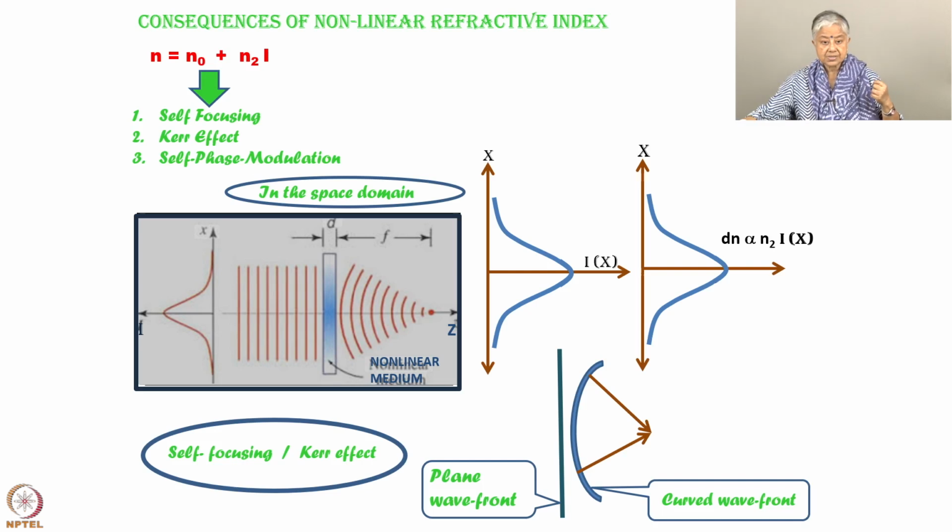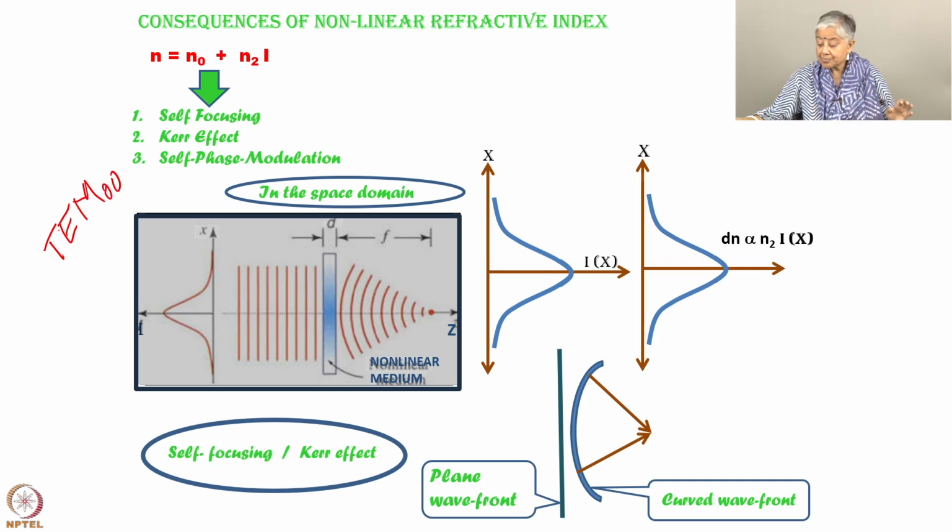Okay. What happens? Now, suppose I have a beam of light. Okay. I am showing the intensity here, and this is the intensity profile. It is like a Gaussian beam. I can assume it is a TEM00 mode beam.